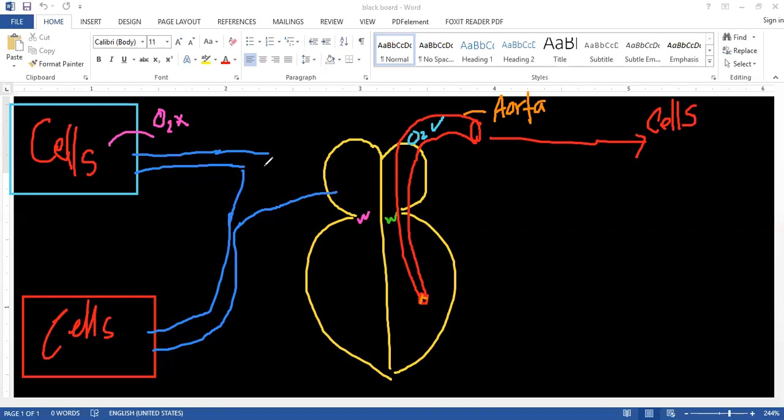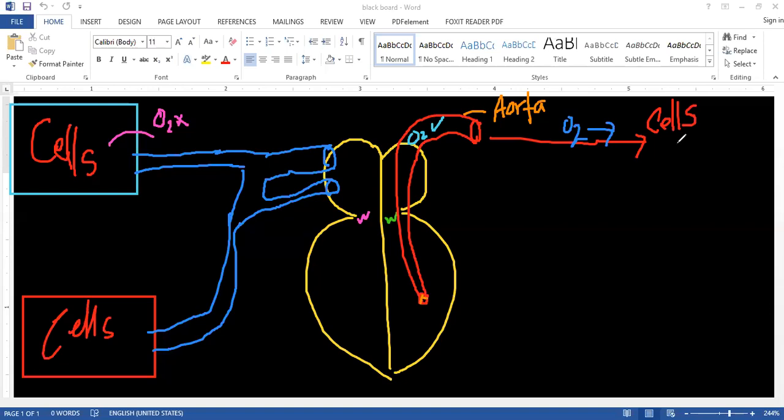Both are coming and adding here. Now, as I said earlier, when oxygenated blood goes to the cell, the cell uses that blood and the oxygen is removed.